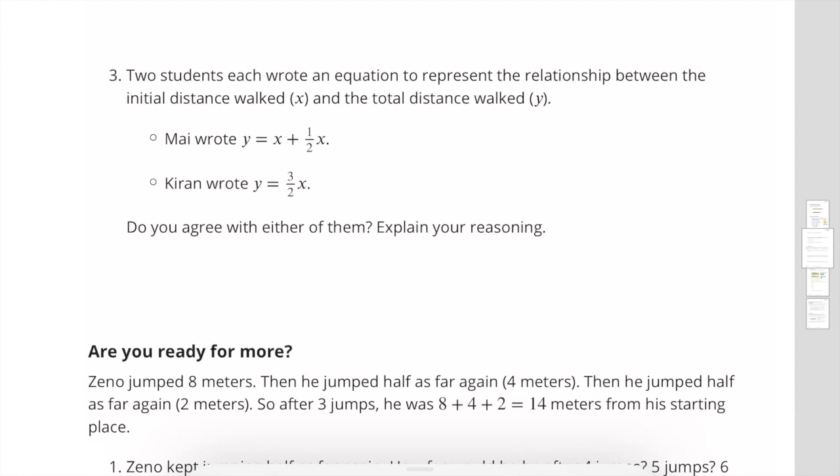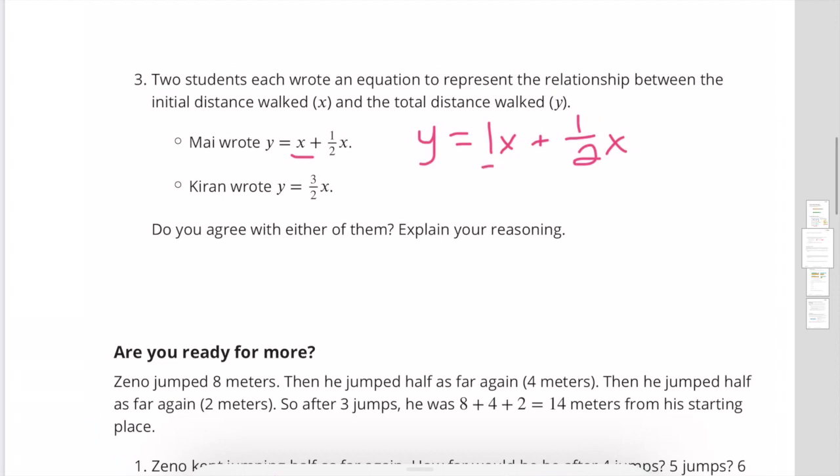May says X plus half of X, and Chiron says 3/2 times X. Well, let's think about if I have 1X here. That's the same thing as saying y equals 1X plus 1/2 of X. And then I could simplify that. If I have 1X and then half of another X, I have how many total X's?